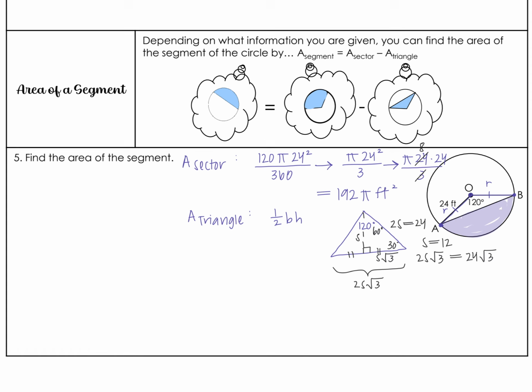We have 1/2 my base, which we said is that 2S root 3, so 24 root 3, times my height, which was that altitude S, which we said was 12. So simplifying here, 1/2 of 24 is going to give me 12. So I'll have 12 root 3 times that 12. 12 times 12 will give me 144. And I'll have that root 3 feet squared.